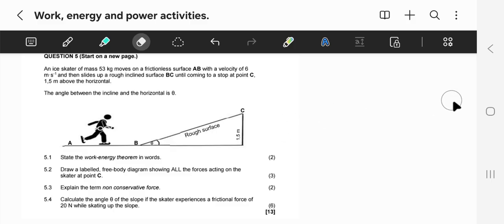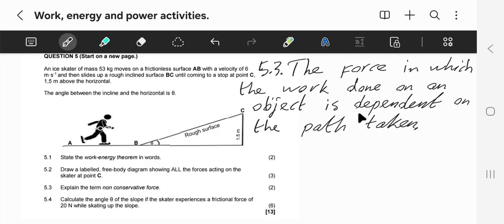Okay, so it is the force for which the work done on an object is dependent on the path taken. That's how we'll state it. So this is your definition, guys. The term non-conservative force is the force in which the work done on an object is dependent on the path taken. All right, that's how you will get your 2 marks.